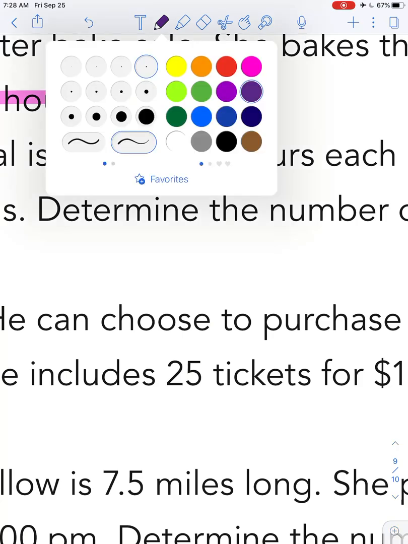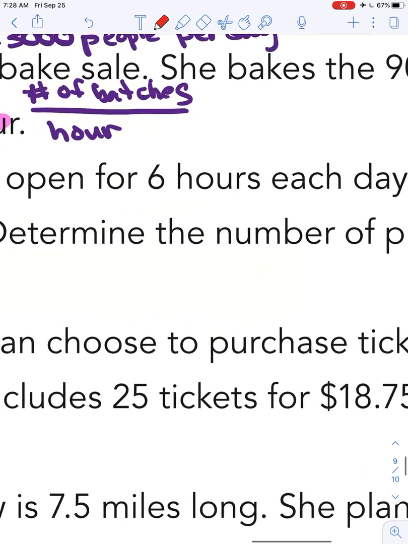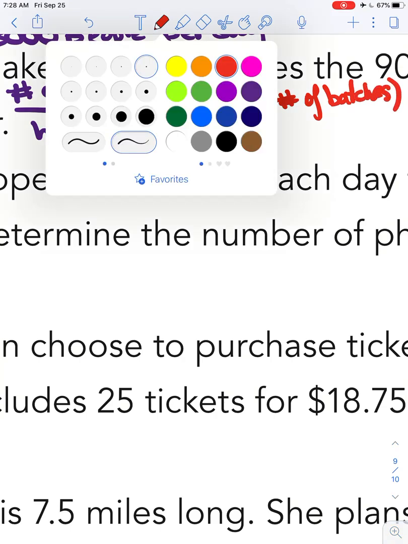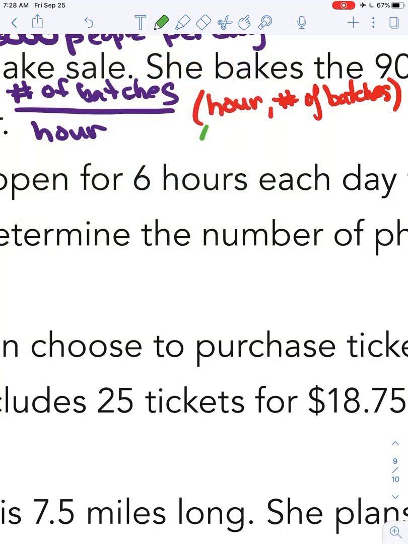So that means when I make it into this, I'm going to have the hour first and number of batches second. Oops, I misspelled batches. There we go. Okay, so let's look at this. Let me go with this color.